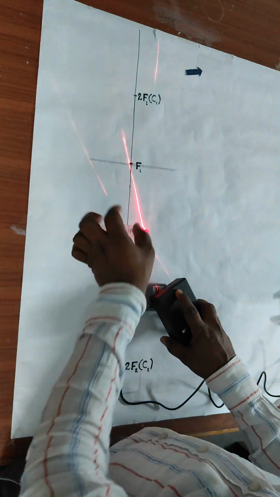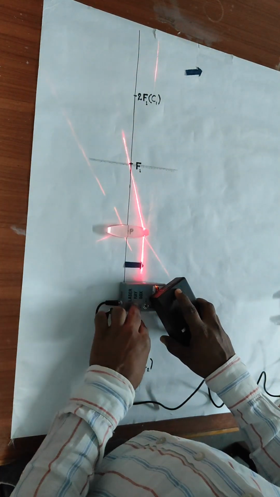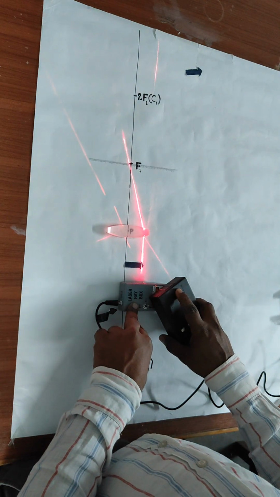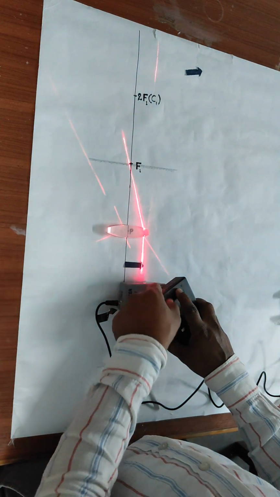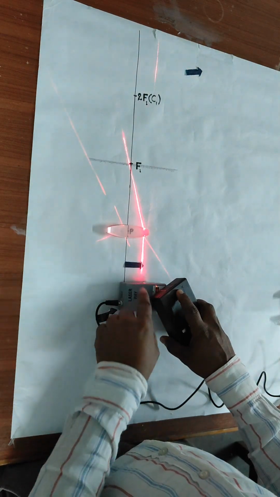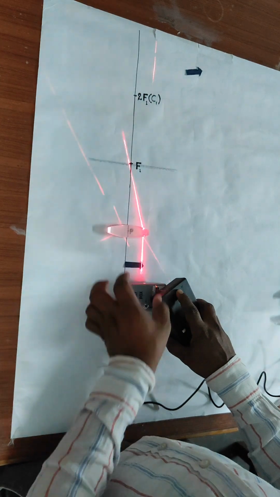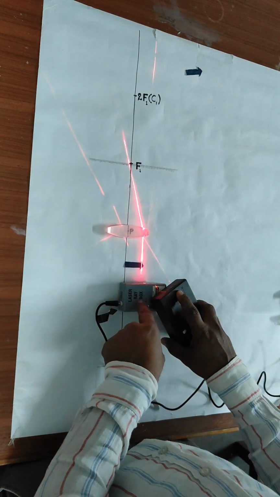Observe, they are diverged rays. These two refracted rays appear as diverging from a point behind the lens.